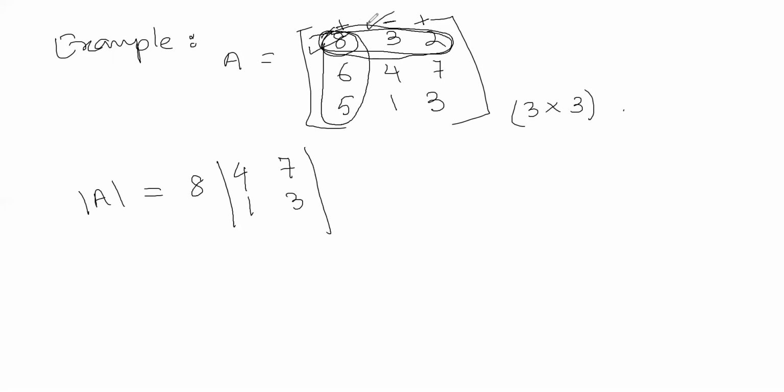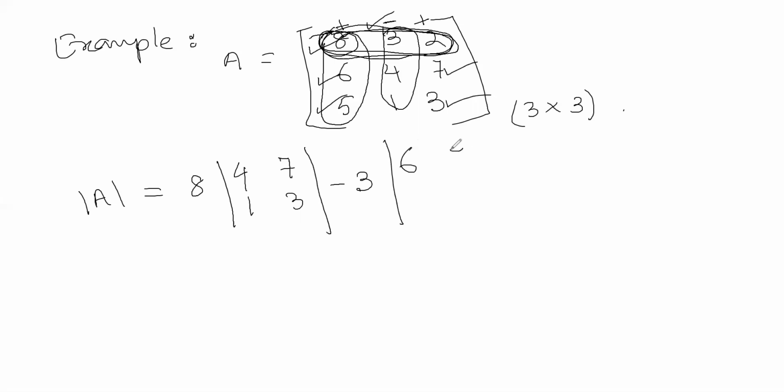Then come to the next element of the first row, which is minus 3. Now why are we considering minus 3? You are not considering that particular row and that particular column. Rather, you are taking 6, 7, 5, and 3 in the box.